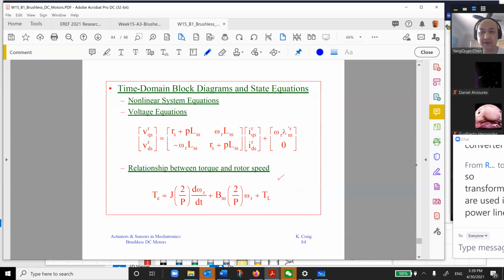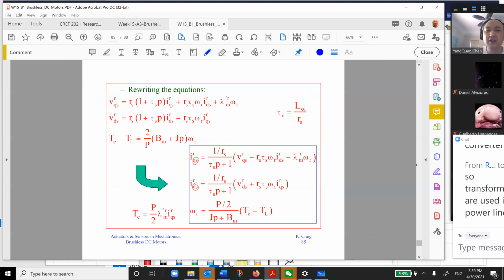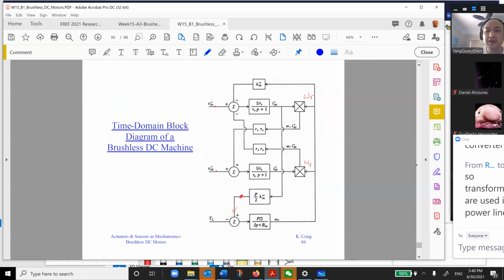Anyway, we are going to get to this. This is a familiar form, okay? So this is viscous damping. This is our angular acceleration. This is the moment of inertia. TL is my load. TE is my generated torque from the motor. So let me see, this is the brushless DC motor block diagram.